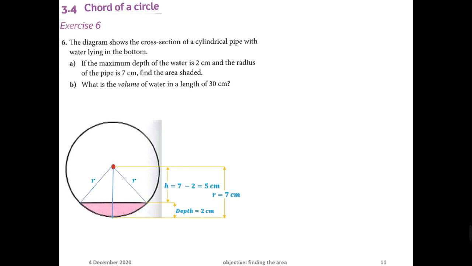So as you can see, we always look for the sector. Inside the sector there is the isosceles triangle and the segment, and we have the given numbers in the question. So I'm going to leave this question for you to think about.